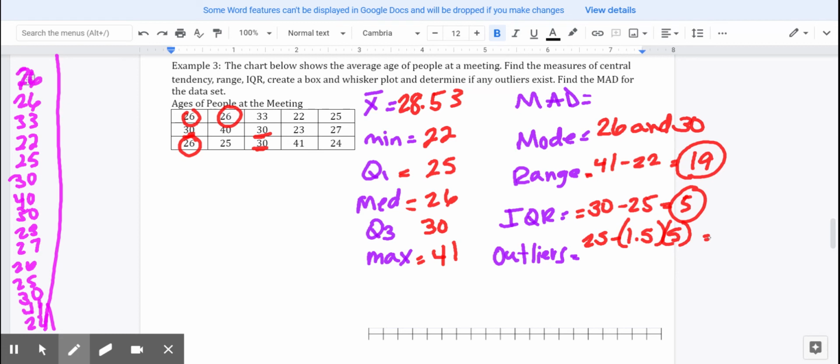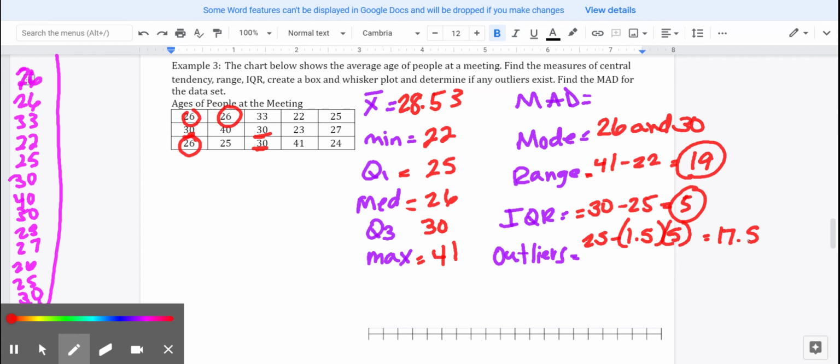So hit pause, type this into your calculator, and we'll find the lower fence. So when you put that into your calculator, you should have gotten 17.5. So what I'm looking for in my data set is any number that is 17.5 or lower. And we know that we don't have that since our minimum was 22.